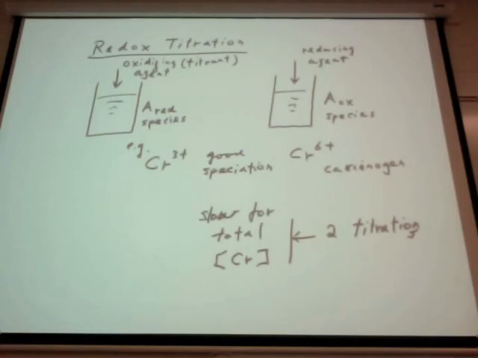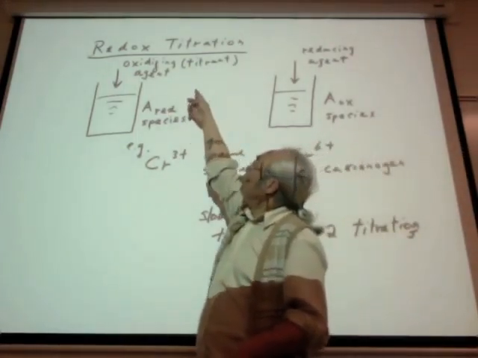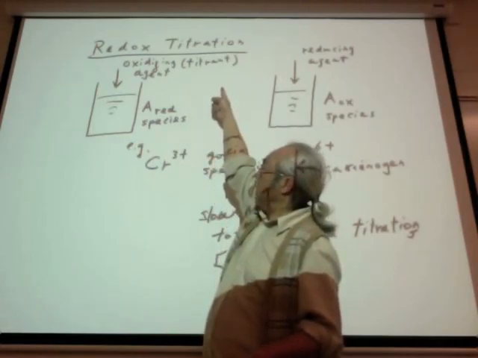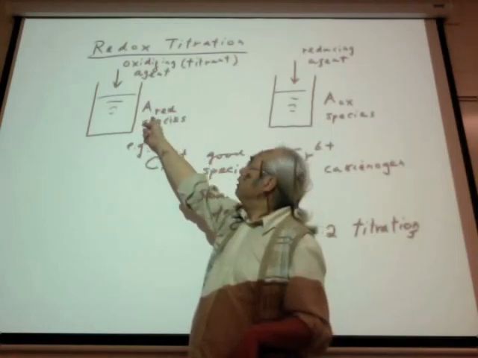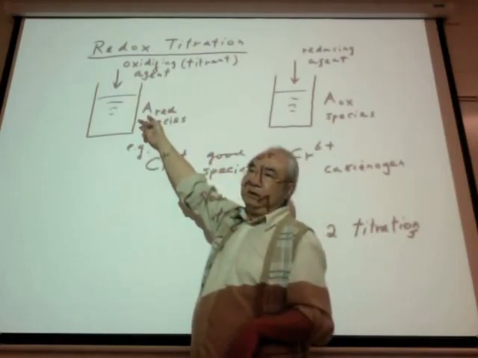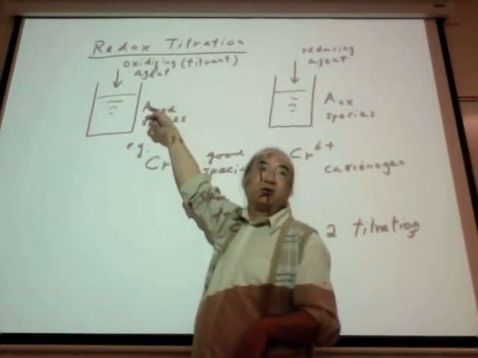Okay, so now for redox reaction, you're going to use it for titration. So here, you may use an oxidizing agent as titrant. Because it's an oxidizing agent, then you're going to titrate for the analyte in the reduced form. In the reduced form only, because this is a redox reaction, right?